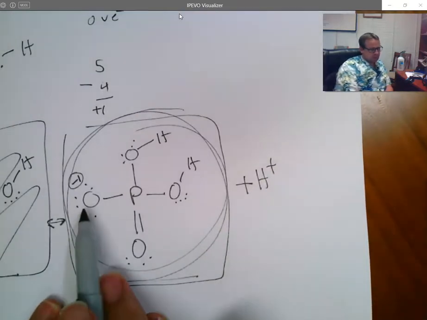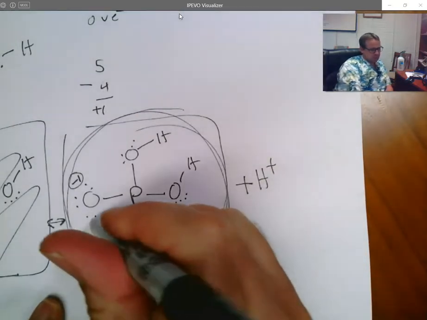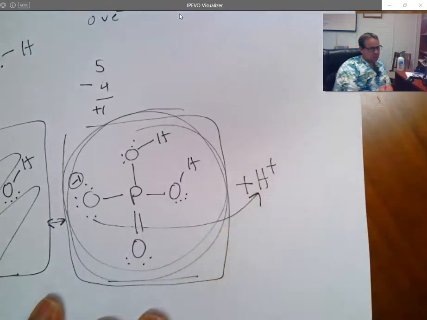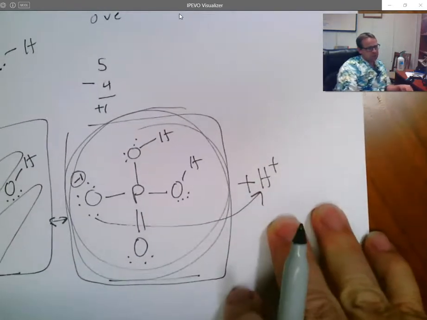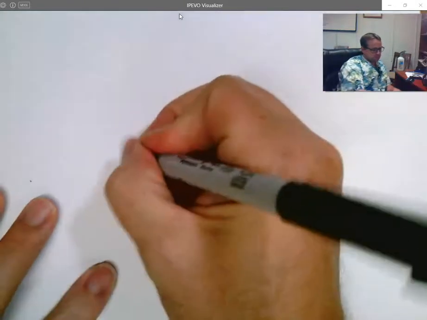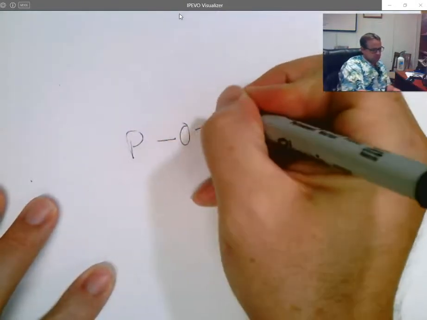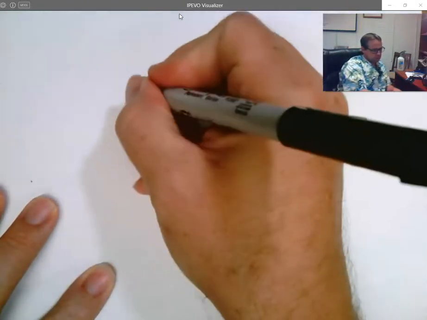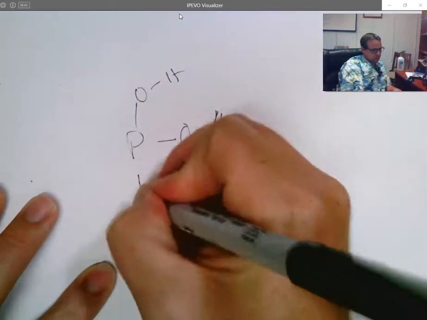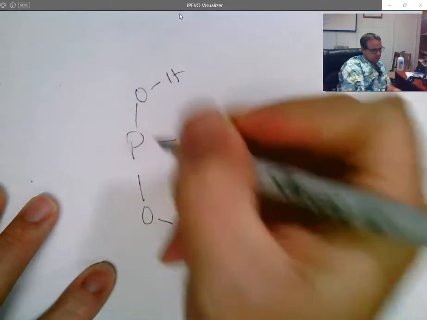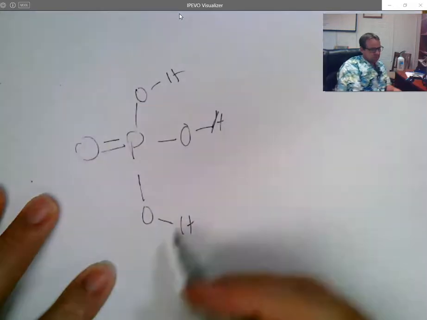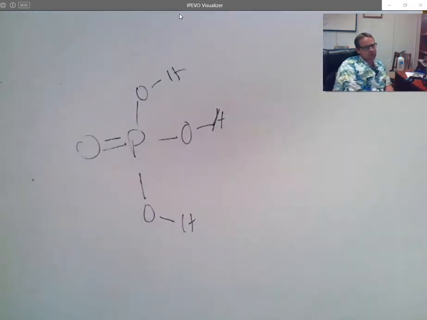The H+ attaches to that oxygen. These electrons come over here, grab onto that hydrogen, and the result is phosphorus, oxygen, hydrogen, three times. Right? 3 oxygens with hydrogens.